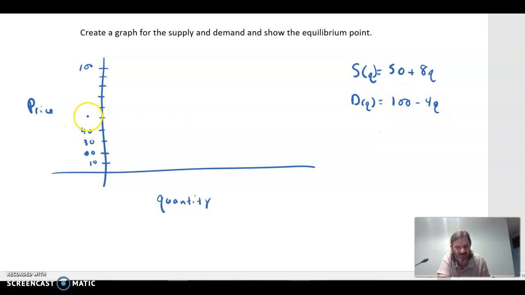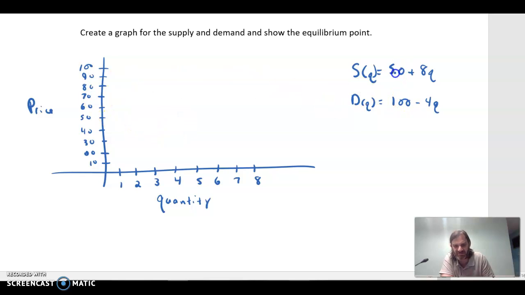So the demand price, if there's not many of them, never goes over 100. And from the equilibrium, we said the equilibrium quantity was 4. So let's come across here: 1, 2, 3, 4, 5, 6, 7, 8.